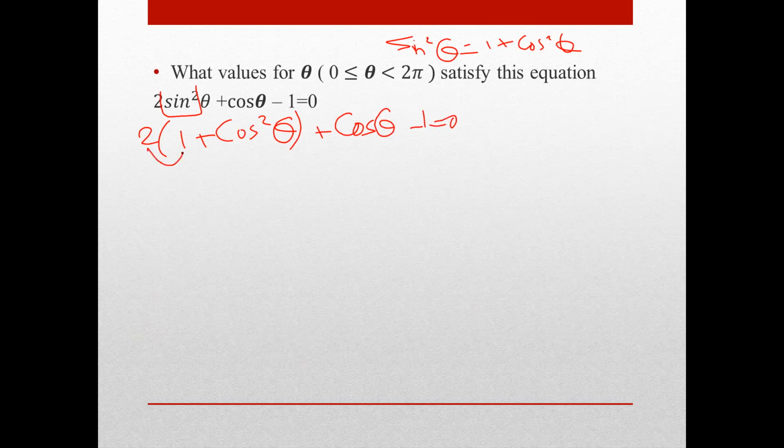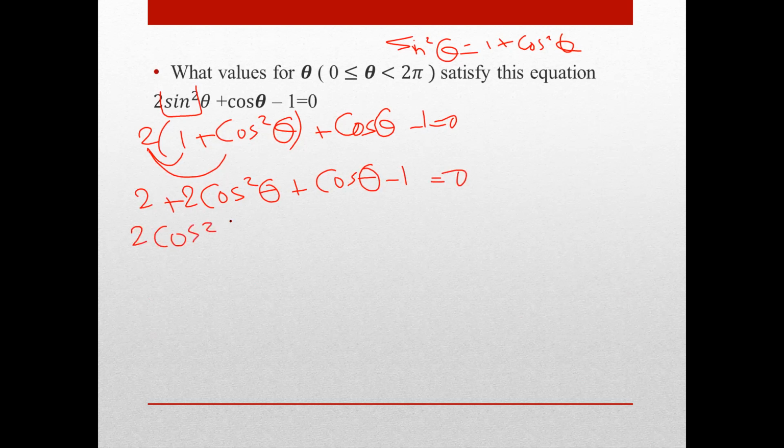Then after multiplying, 2 minus 2 cosine squared of theta plus cosine theta minus 1 equals 0. So it will be negative 2 cosine squared of theta plus cosine theta, and positive 2 minus 1 is plus 1, equals 0.